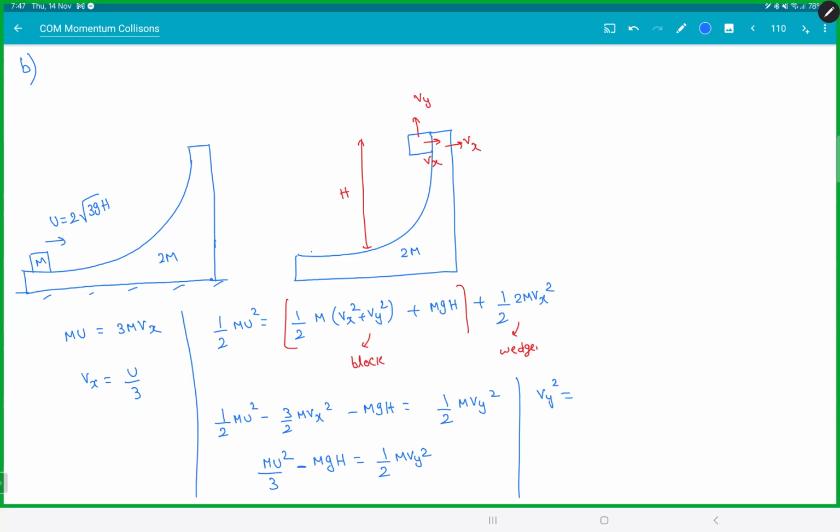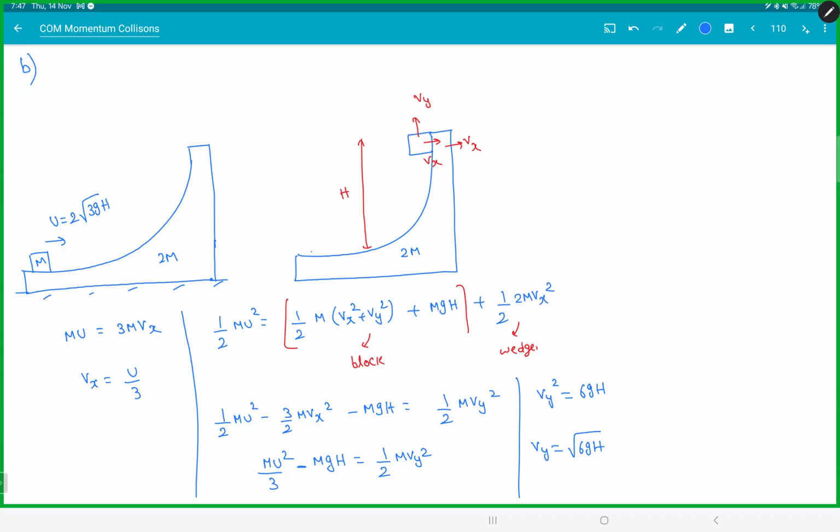So I get vy square, how much is this? M will cancel. So u square will be 4 into 3gh by 3 minus gh, this will cancel. Vy square is 6gh. This is your vertical velocity.